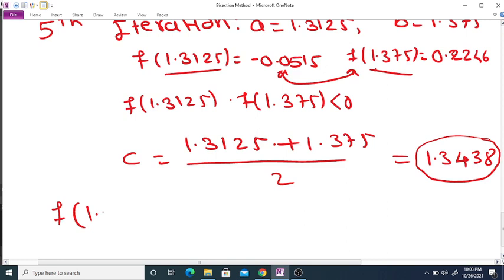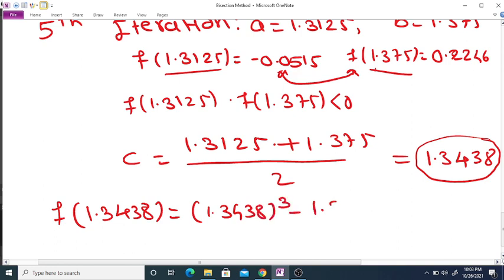So f of 1.3438 is equal to 1.3438 raised to 3 minus 1.3438 minus 1, which is equal to 0.0826826, which is again greater than 0.